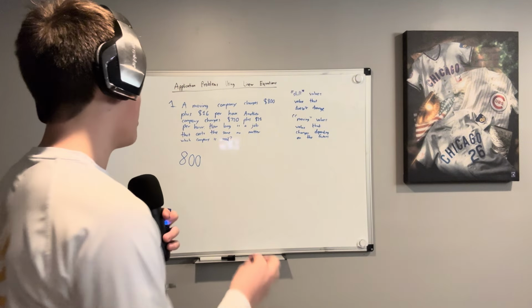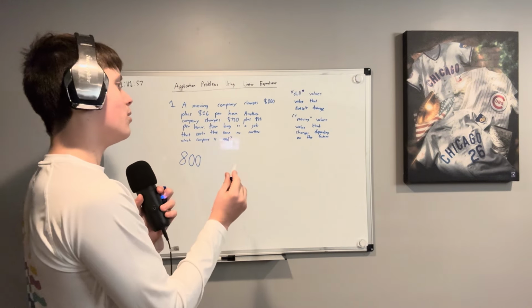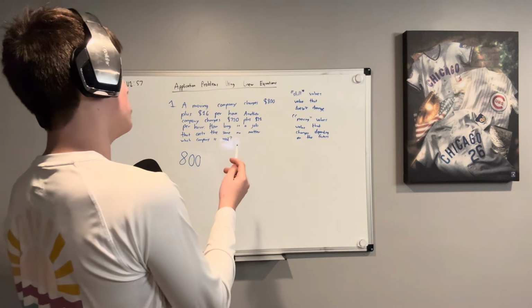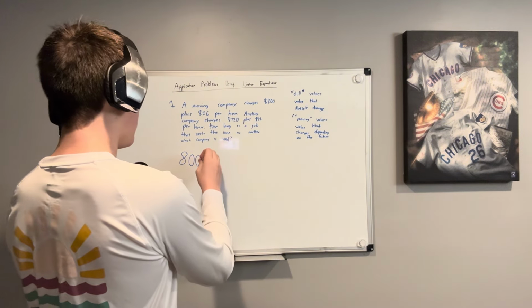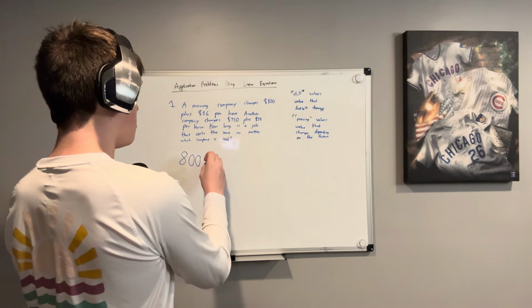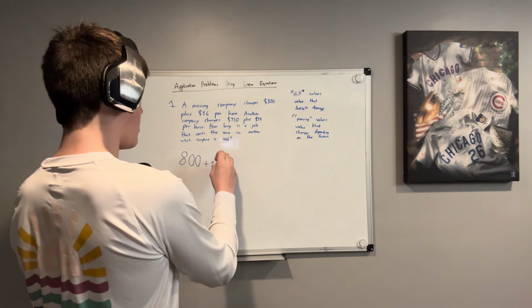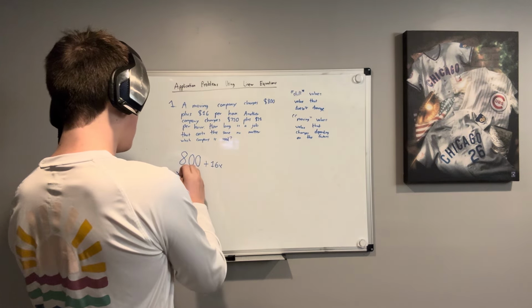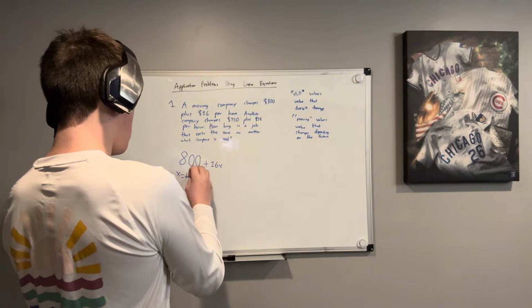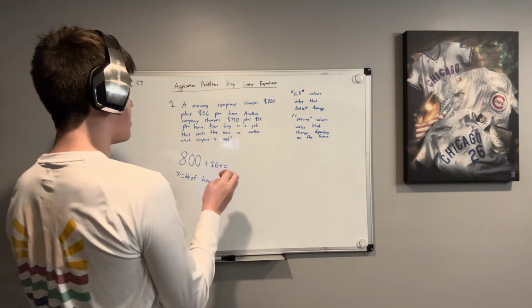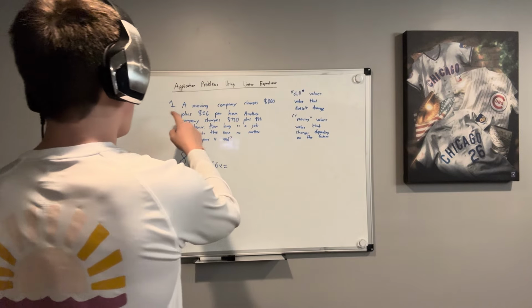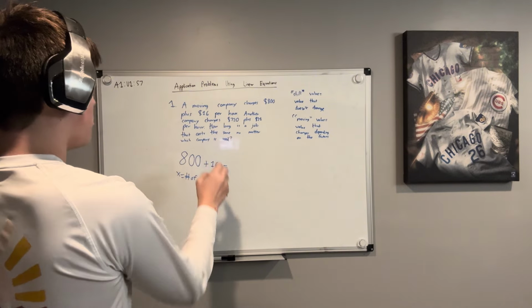Well, what factors do we have for this other one, 16? If there are a certain amount of hours, then 16 will change depending on how much time is used. So I'm going to put plus 16x, and x is the number of hours. So that's that first equation right there. We just decoded this first sentence into math.